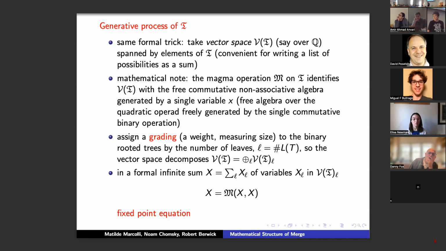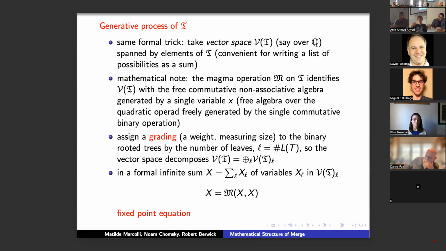But one thing I want to mention is that you can also organize these trees in an order of growing complexity, which is a grading. The simplest thing is just to count the number of leaves, so you count how many items you have in your sentence. So how long is your sentence?